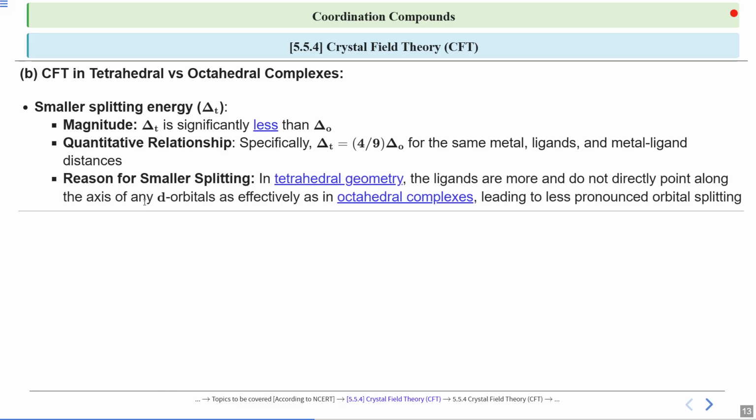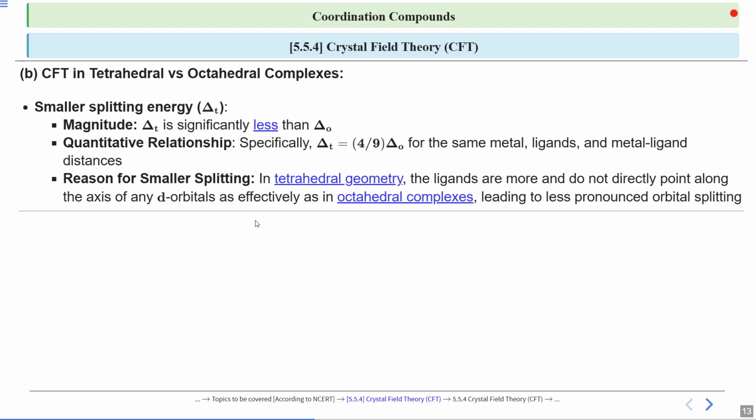Now what is the reason for smaller splitting? Why is the crystal field splitting in the tetrahedral complexes smaller? What is the reason behind this? In the tetrahedral geometry, the ligands do not point directly along the axis of any d orbitals as effectively as in the octahedral complexes.